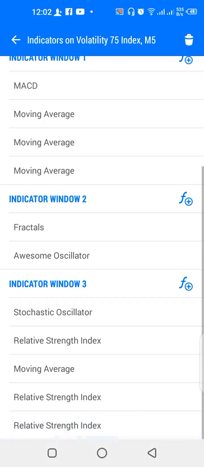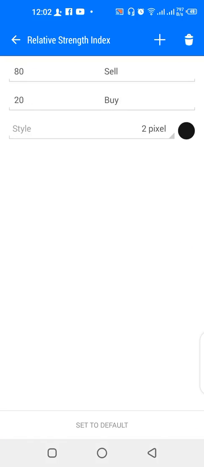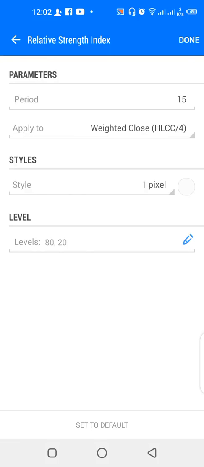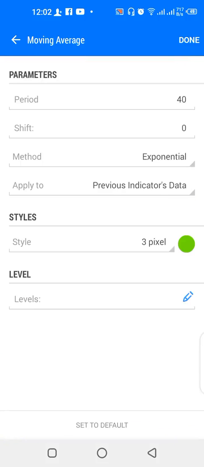The next indicator is relative strength index. Okay, the period is 15, applied to weighted close, no color. For the levels, you have 80, 20, black color. All right, then we have a moving average.